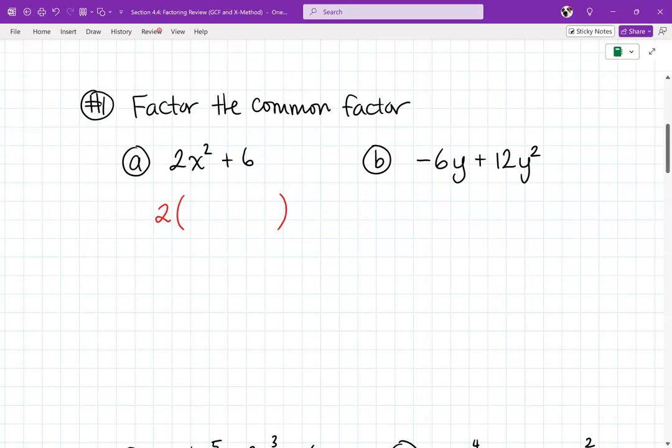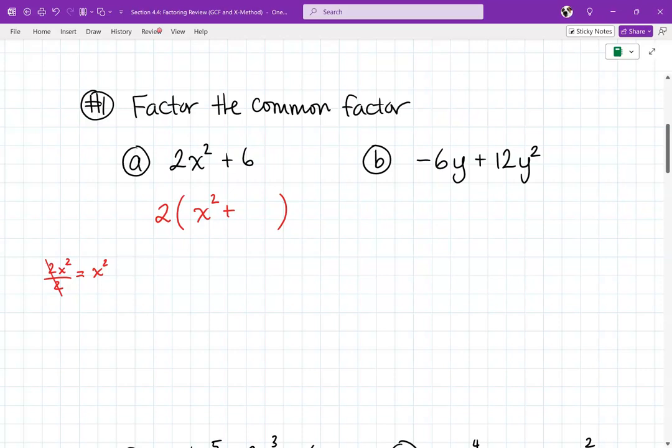Again, the word factor means I'm going to divide, right? So 2x squared divided by 2. I'm going to write it right here on the side. Usually people don't do this, but I'm just showing you what your brain is doing, right? So when I say I'm going to factor a 2 from 2x squared, what I'm doing is I'm dividing it. 2x squared divided by 2, that cancels. So all that's left is x squared.